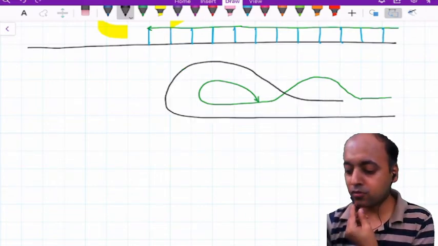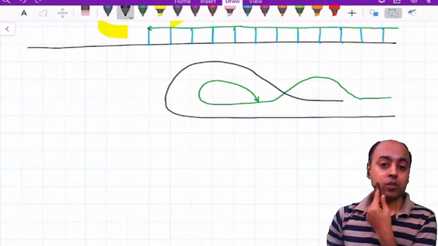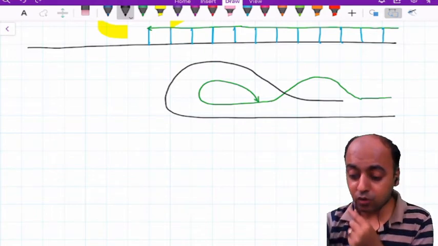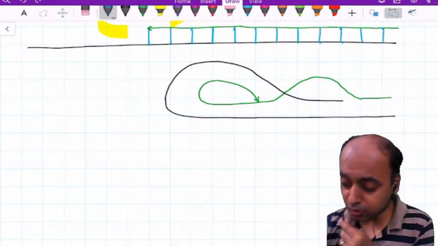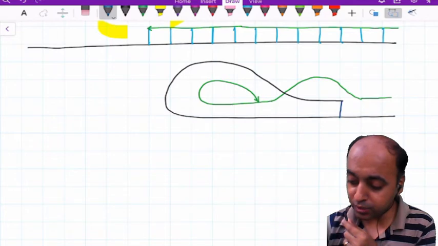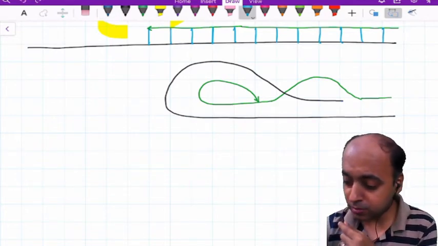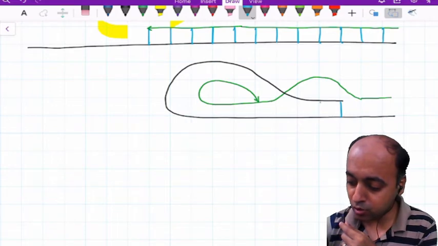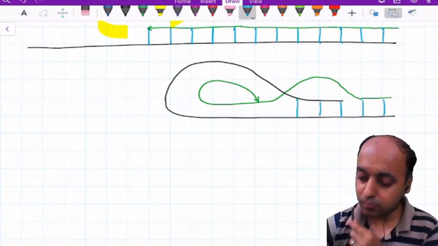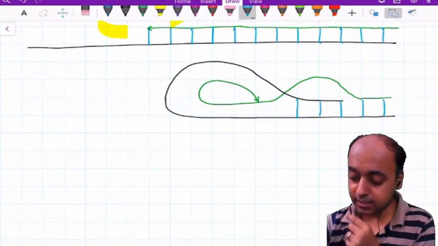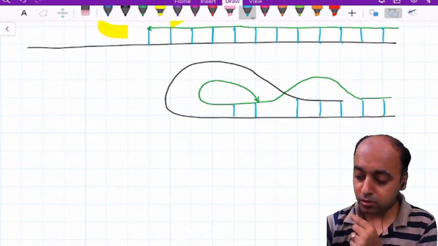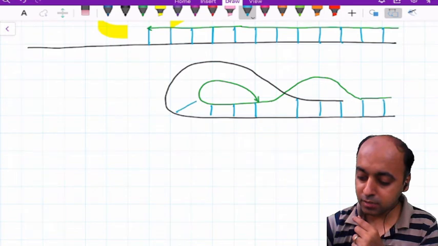The longer segment folds, and remember what we had said, it is self-complementary. So now it is able to form the hydrogen bond with itself.